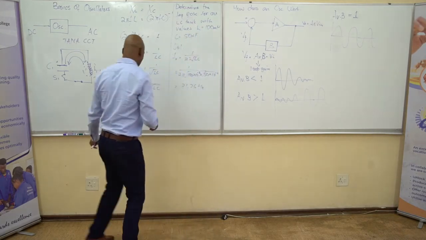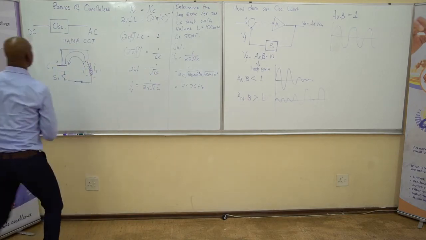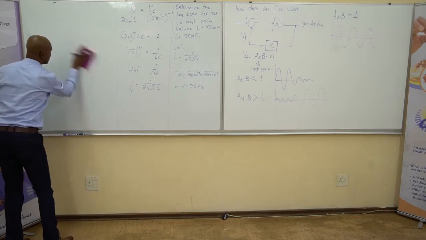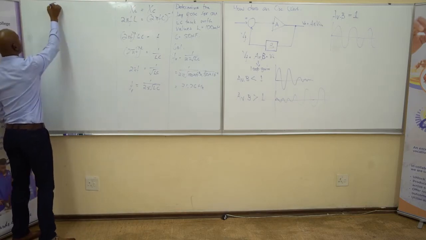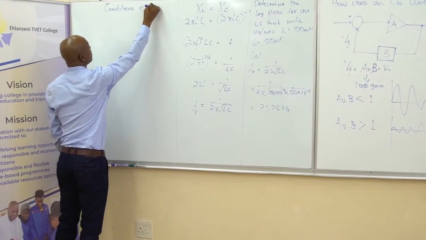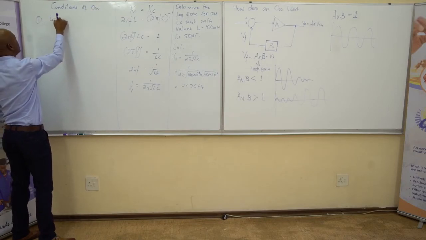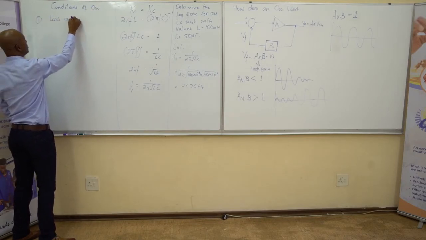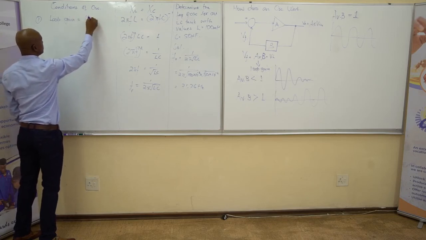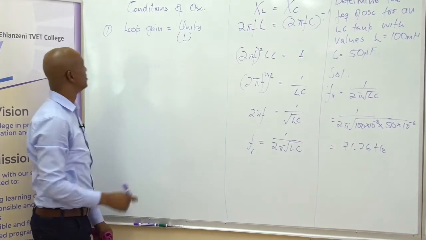So if I were to write down these conditions, I would say the conditions of oscillation. One, loop gain must be equal to unity, or sometimes they'll say a gain of 1.